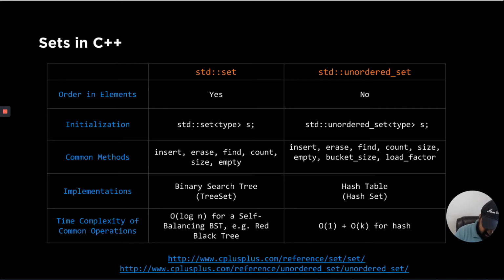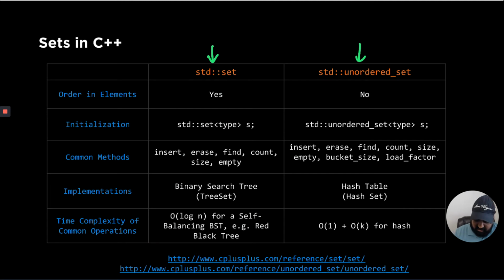So STL in C++ has two different ways of implementing sets. The first one is called an ordered set, which is defined as std::set, and the other one is std::unordered_set, which is a set that actually implements a hash table behind the scenes.